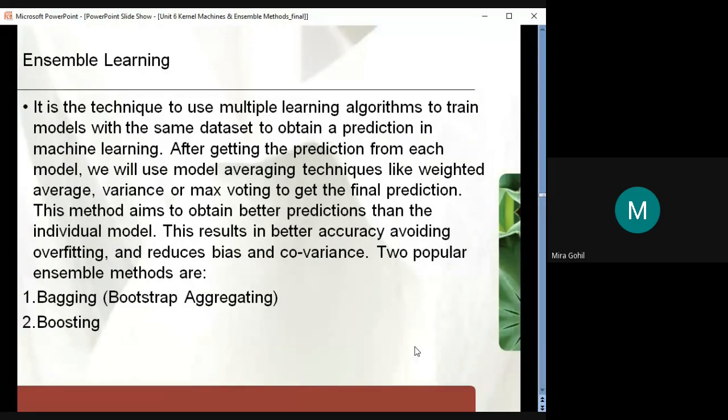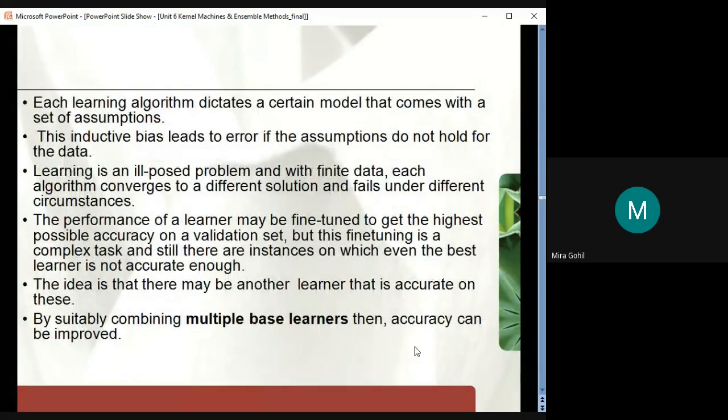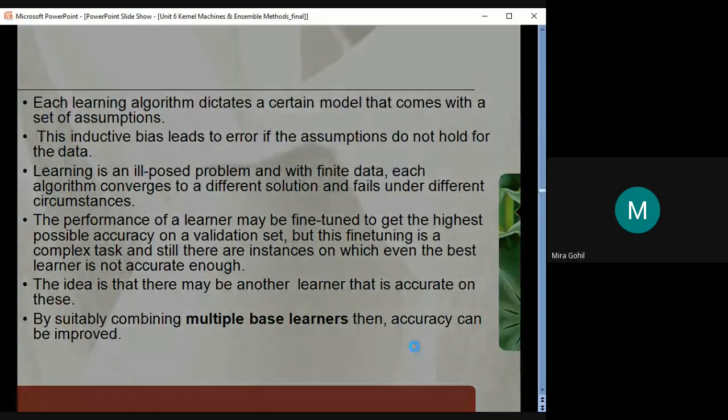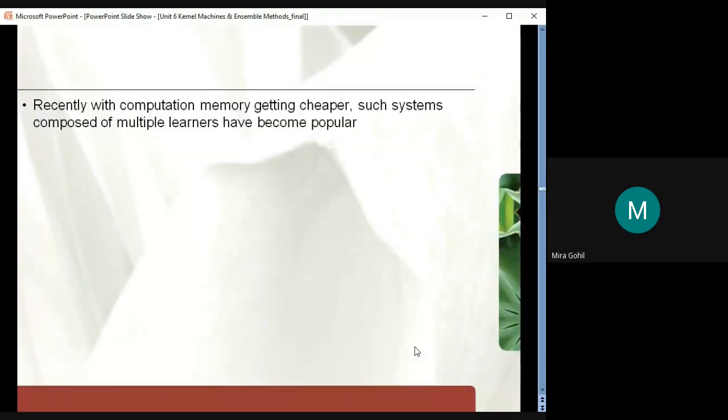We saw what bagging and boosting are. Instead of relying on only one algorithm, we take the advantage of each and every algorithm and go for the final result.